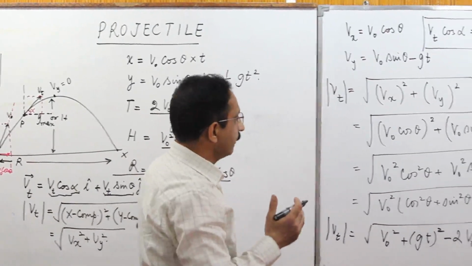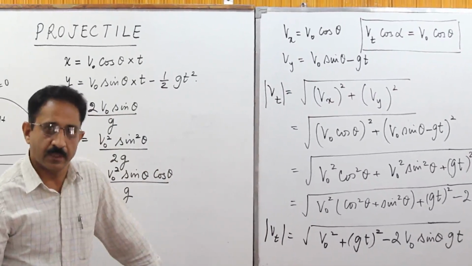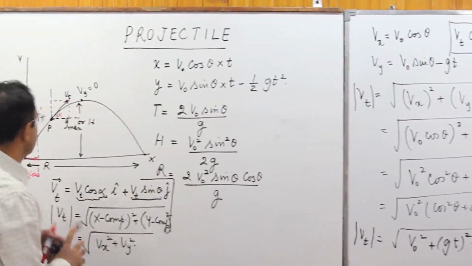If we give the value to the direction of vt, इसके direction के लिए भी हमारे पास एक तरीका बड़ा simple. The direction of vt can be seen from this point.